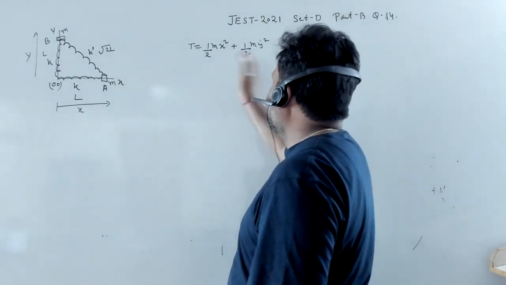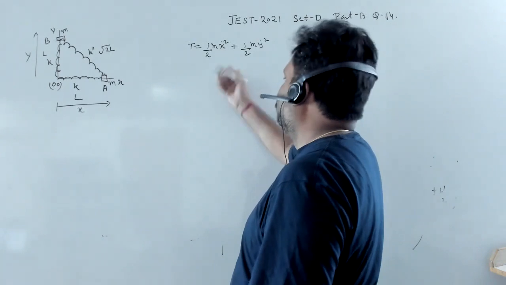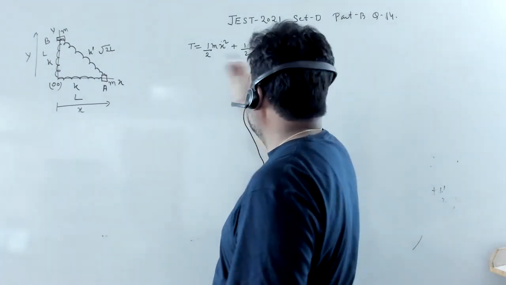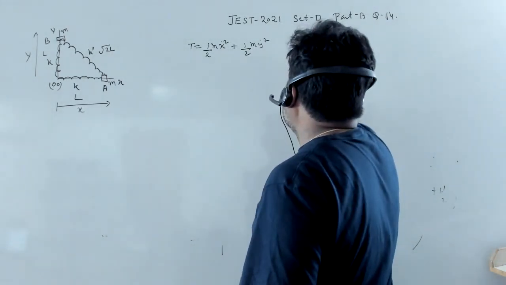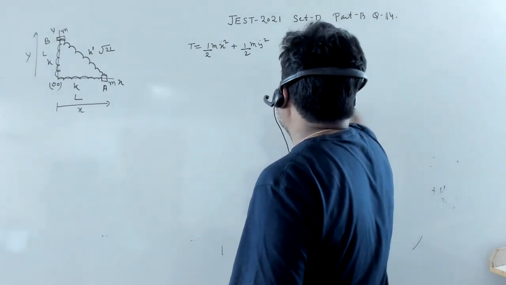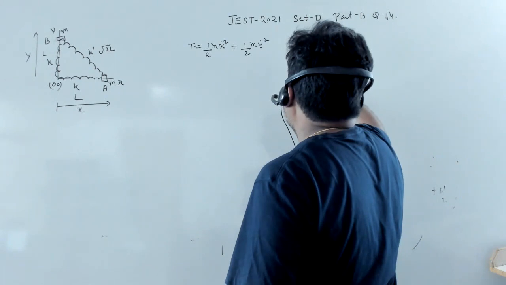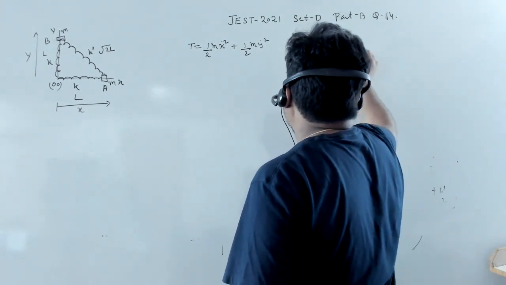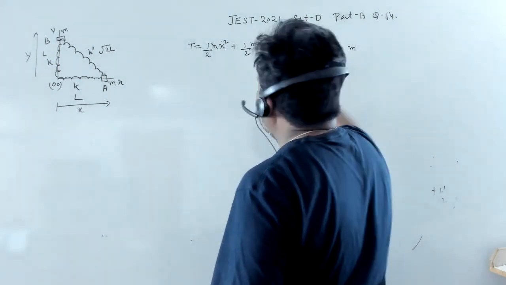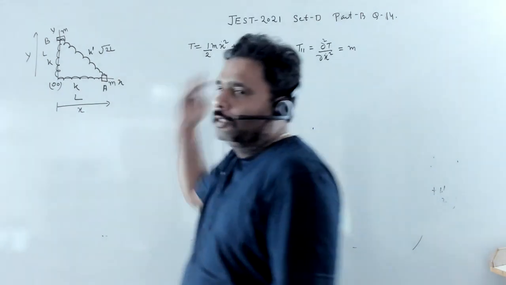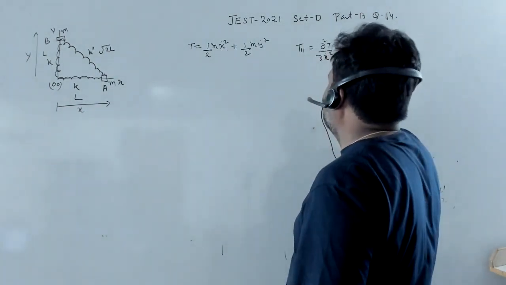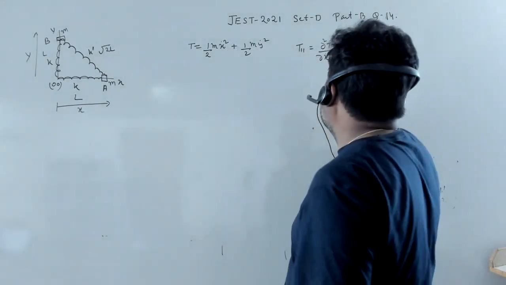So we can write the kinetic energy matrix. The kinetic energy matrix has four elements. The first element is T11, that is del square T upon del x dot square, that is the value of m. Obviously we have to find it at the equilibrium point, but here it will be just a constant value, so there is no need for that.